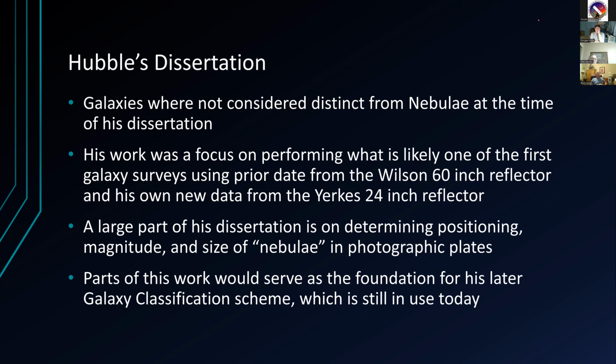This was kind of the beginning of the era of professional photographic astronomy. So all of this data was coming in from glass plates that Hubble was analyzing for his dissertation. And large parts of it are just focused on how he was determining positions and the apparent brightness, magnitude, and size of nebula within the photographic plates that he was working with.